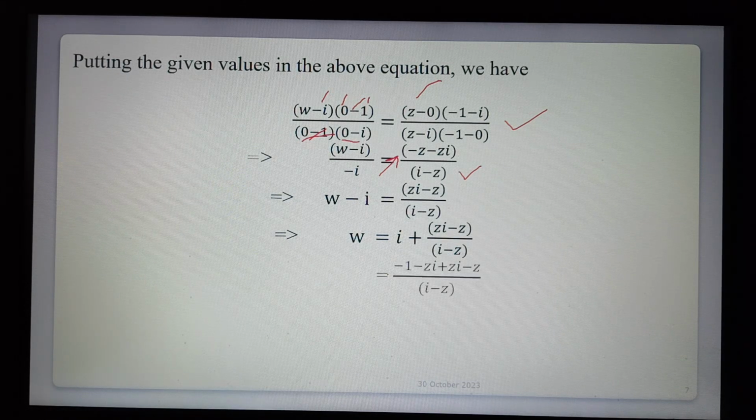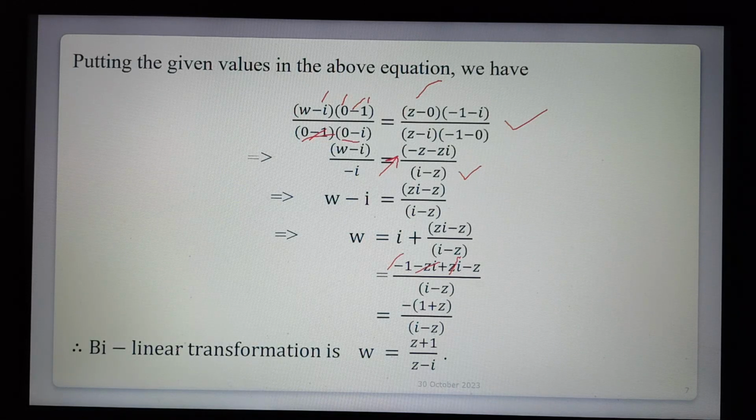Now take the LCM, i minus z, on the right side: i into i square into minus 1, i minus zi plus zi minus z. Here the minus cancels, minus of 1 plus z by i minus z.